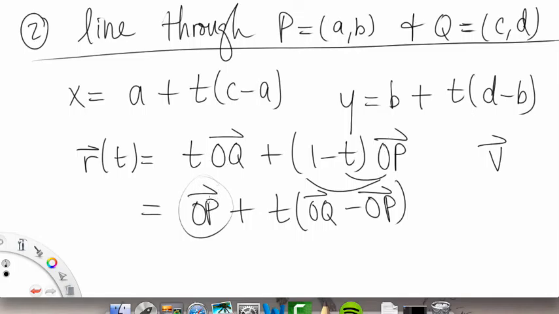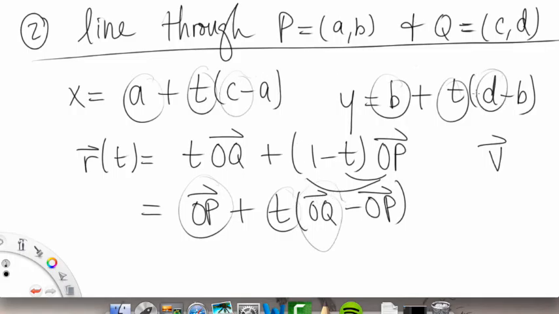We have something here, which is like our a or our b, and then we have a t multiplied times another something from the other point, the c and d, minus that original point there, okay? I'm just trying to show you the symmetry between what I'm teaching you now and what we've already gone over in the previous videos.